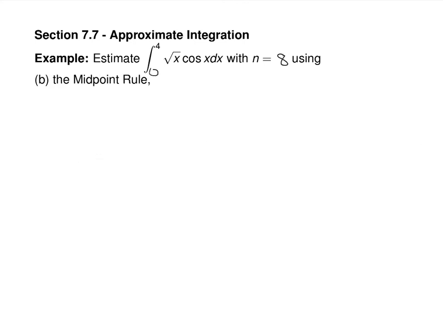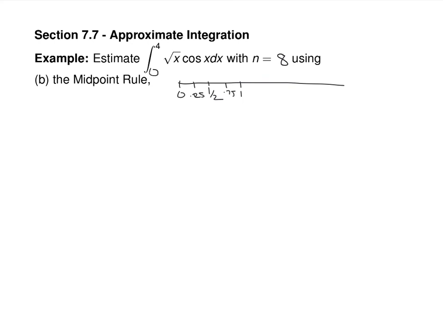All right, now let's use the midpoint rule to estimate the same thing. So notice that with your interval, your first subinterval goes from 0 to 1/2. The midpoint is 1/4 or 0.25. Then the next midpoint between 1/2 and 1 is 0.75. So that's the pattern.